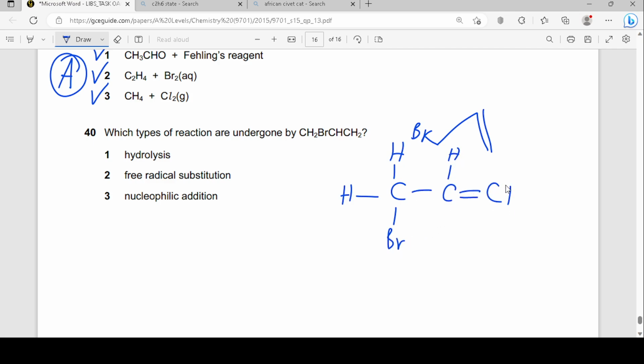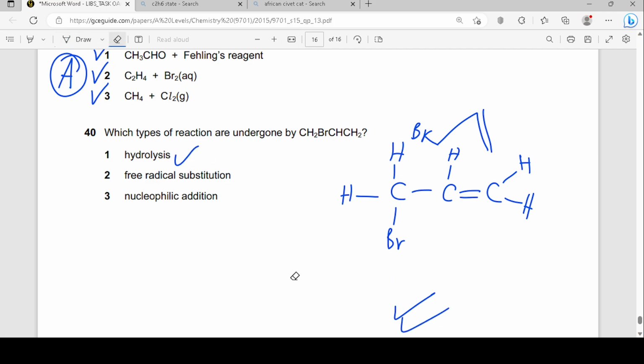So does it undergo hydrolysis? Yes, it does, because it's a haloalkane from this part. A haloalkane can undergo a hydrolysis reaction with NaOH or KOH in aqueous solution. So definitely yes, it can undergo hydrolysis.